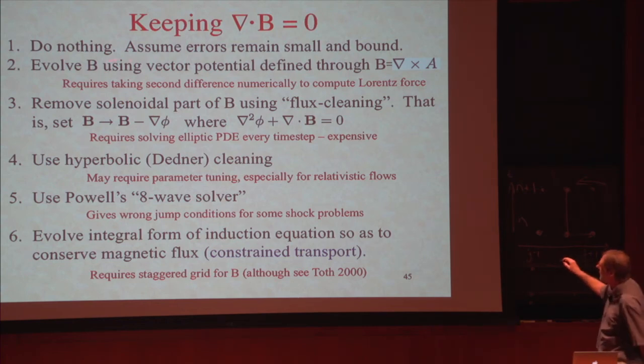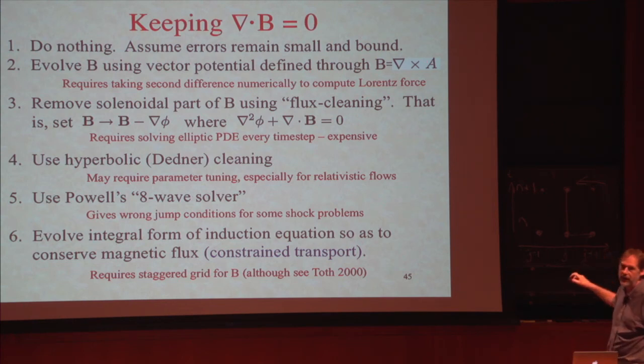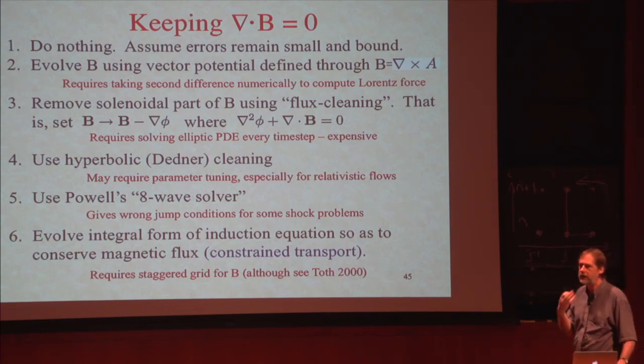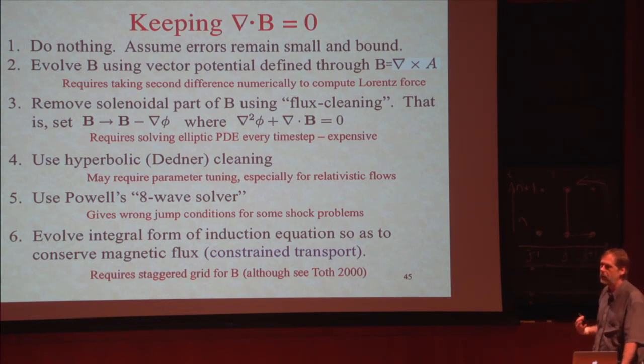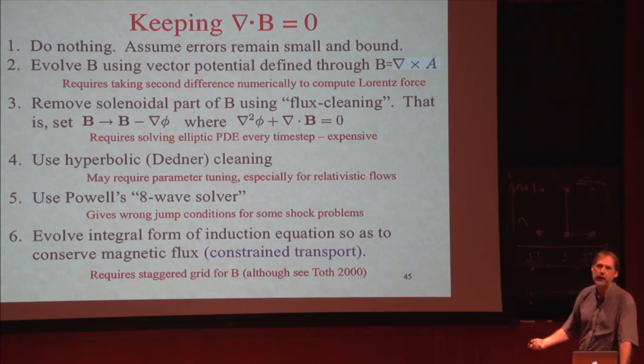So another popular way 10 years ago was using the vector potential. Sometimes it's still used today even. But it fell out of favor because computing the Lorentz force, curl of B, required taking a second derivative of A. And if you have discontinuities, taking numerical second derivatives across discontinuities can introduce ringing and can lower the order of the method in some circumstances.